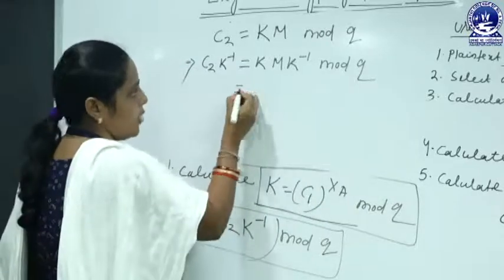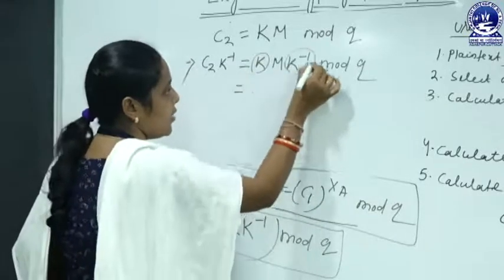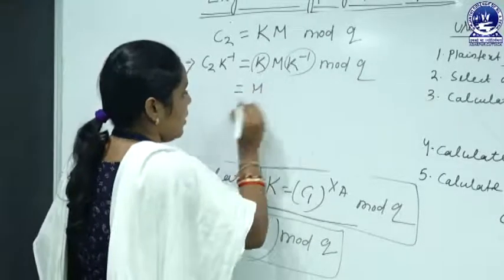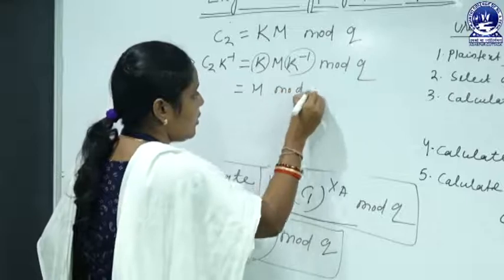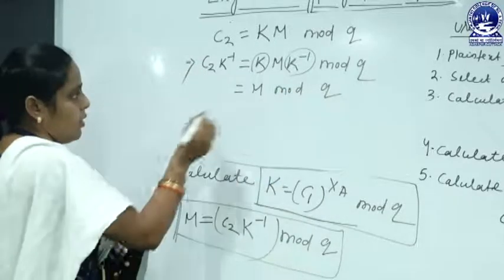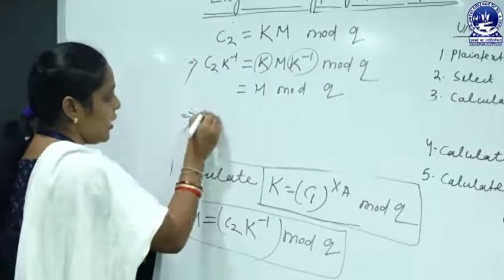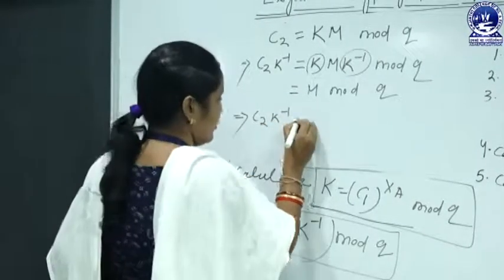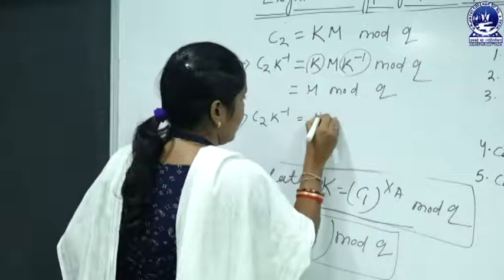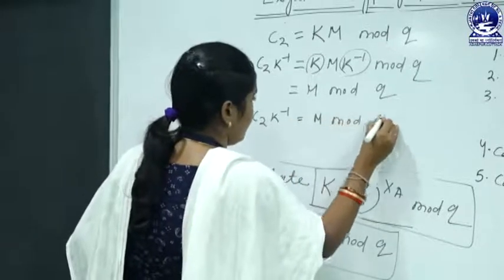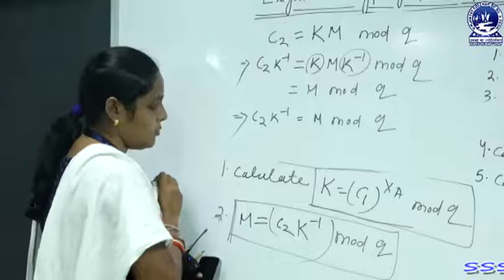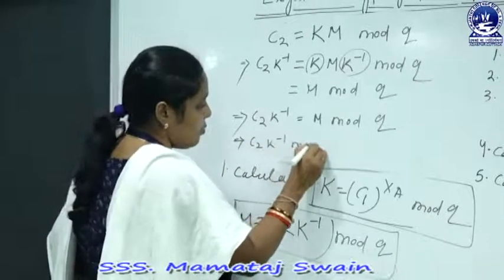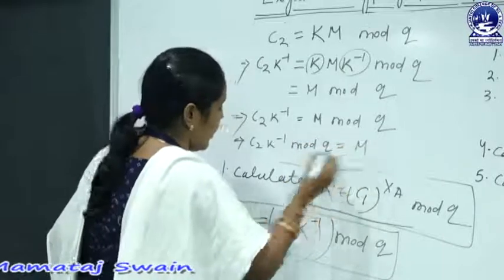Now look here, k into k inverse is 1. That means our result is m mod q, which implies C2 k inverse equal to m mod q. That implies C2 k inverse mod q equal to m.